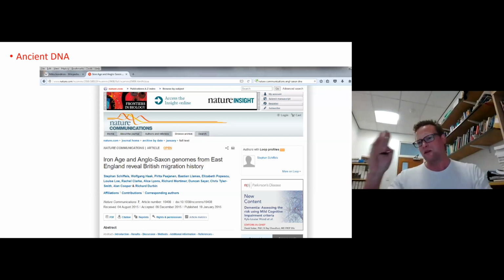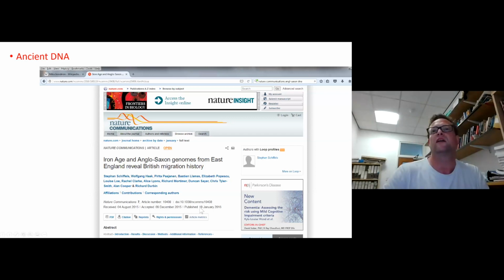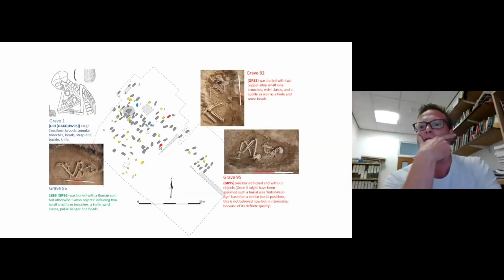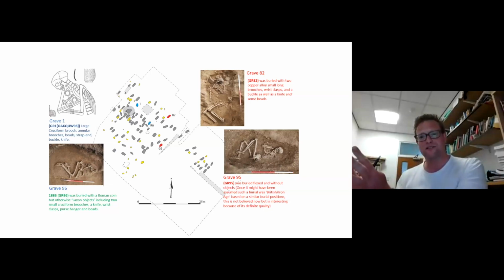And suddenly they said, well, can we do something with the ancient DNA? And they looked around for early Anglo-Saxon cemeteries. We were very happy to provide examples from a few places, but Oakington was the one where we got the better data from. Okay, and here we have results. I actually sent them about 16 samples.